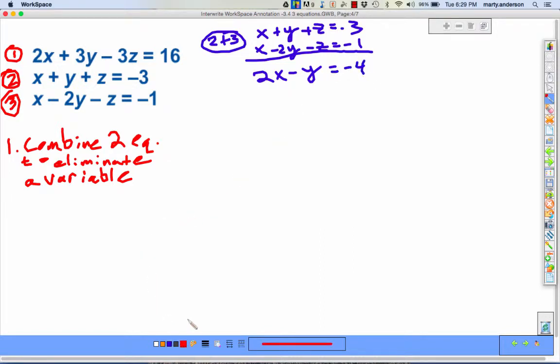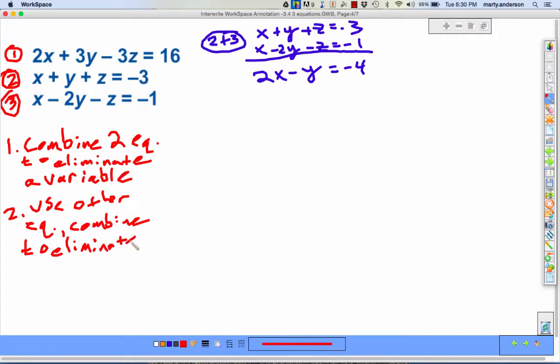Step 2, we must use the other equation and we will again combine to eliminate the same variable. So in my example, I have to use equation 1 and I have to get rid of the z's.